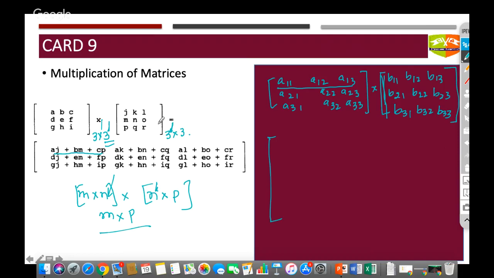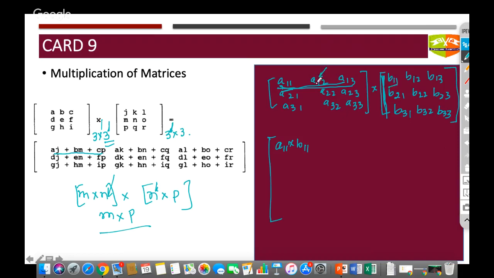So what I'm doing is I am taking the first row here and the first column here. I multiply A11 into B11, first term and first term.